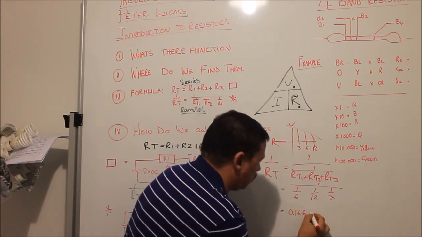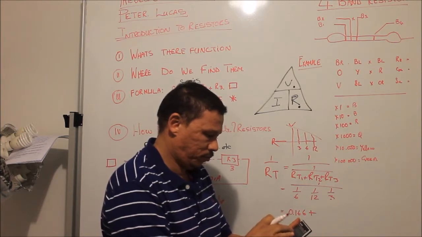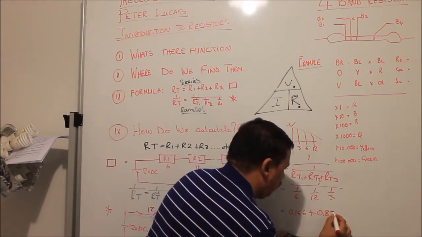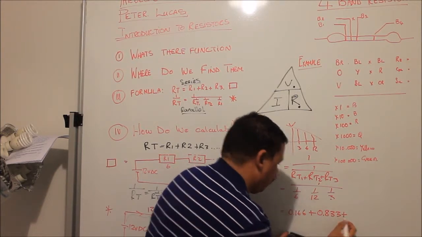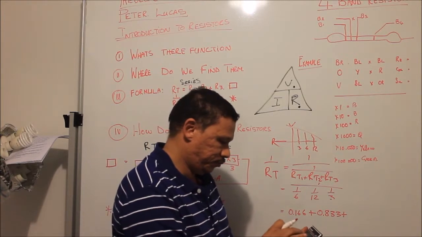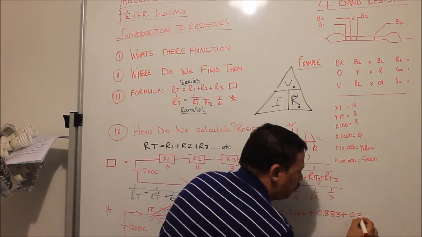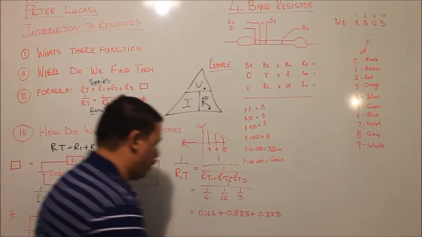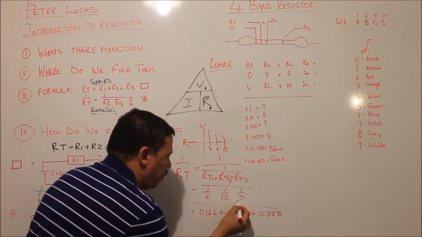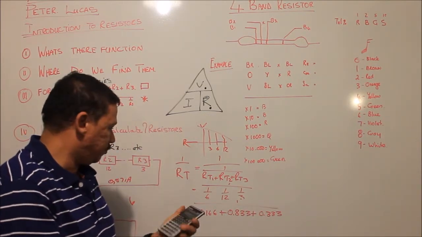Let's use 3 numbers. Okay, so let's add those up. Let's add all of those together and see what is the result.